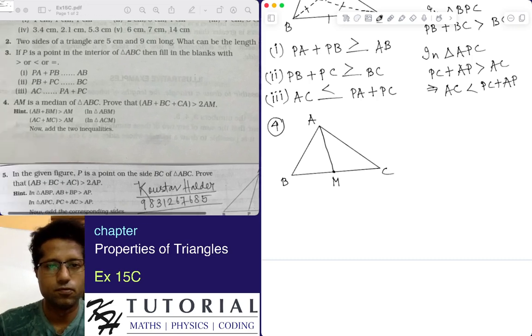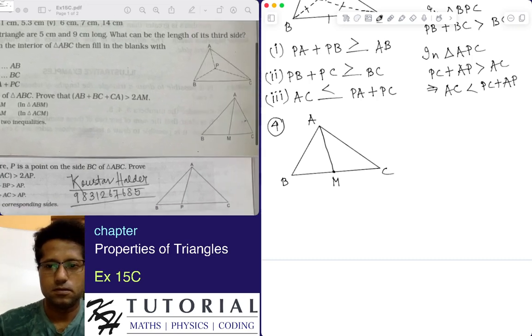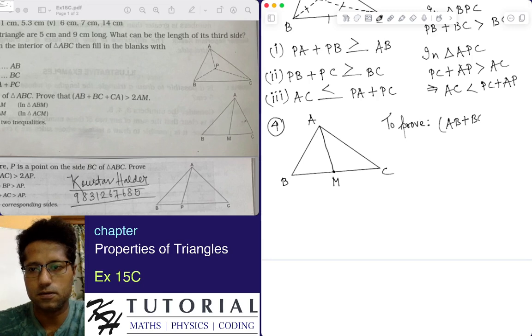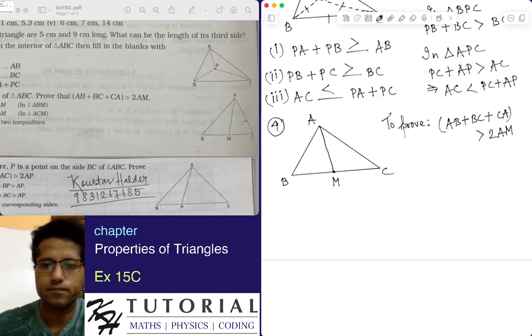It is asking to prove that AB plus BC plus CA is greater than twice AM.